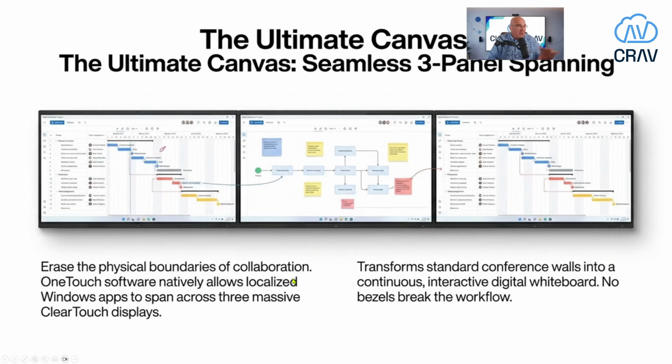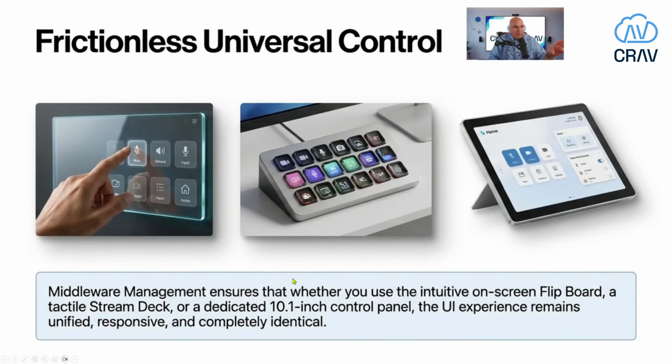And I'm going to show you the ways you can control how you flip the board or go to a full extended or duplicate. I'm going to give you a brief idea of that. We've got several ways to control it. You can control it from the OneTouch interface itself. We also can use all of the different decks that you've heard of.